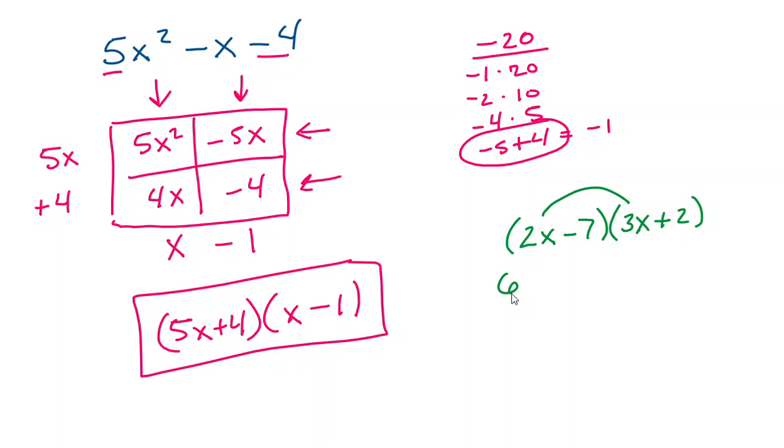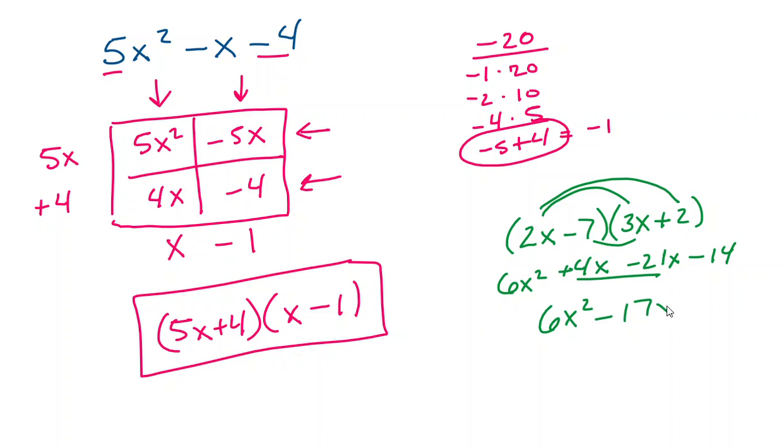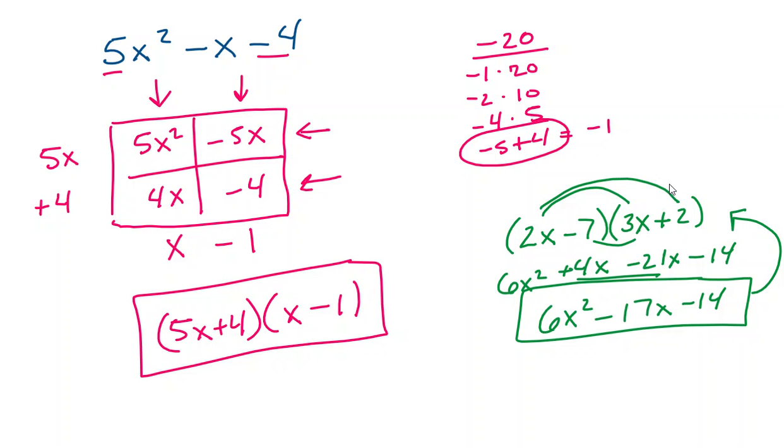So that's 6x squared, and then plus 4x, and then minus 21x, and then minus 14, and then we'll combine those two, 6x squared minus 17x minus 14. Okay, this is the question: can you factor that? And the answer is, yeah, it's right here. So we know it can be factored.